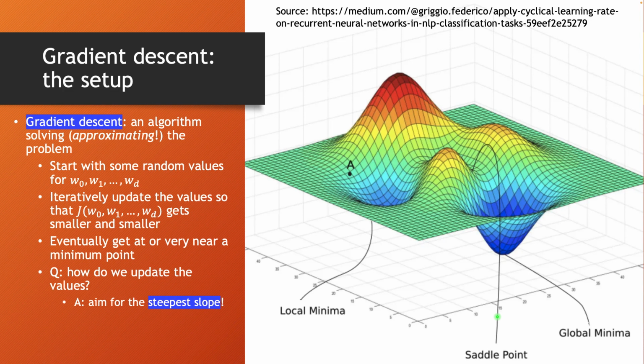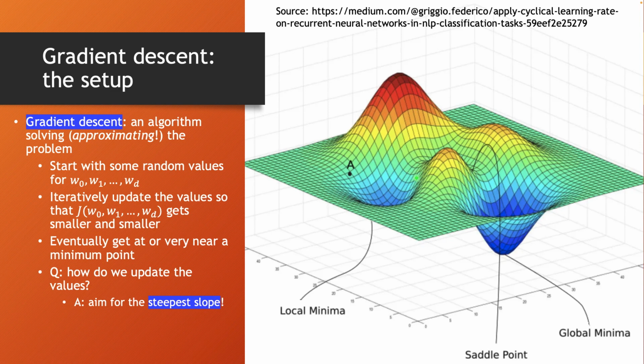So this is a visual way to look at how gradient descent works. If you look at the shape of your loss function, you're going to be interested in the smallest possible values of the loss function. In other words, you are going to be interested in these minimum points, and in general you may have several of them.